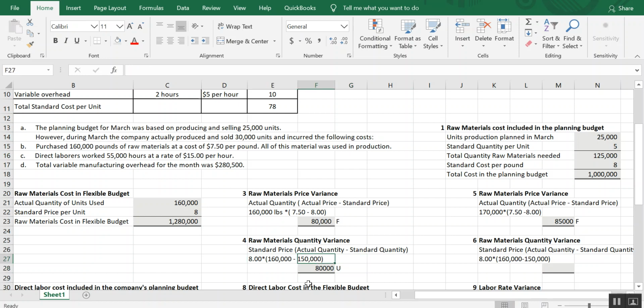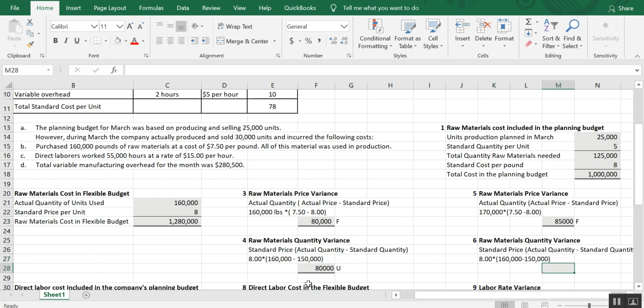Some of this is due to a higher level of production and sales, so that's not necessarily a bad thing, but if you're calculating this compared to the standard, that will come out with an unfavorable variance. So that's the raw materials quantity variance, with the standard amount and the quantity that we used of 160,000.